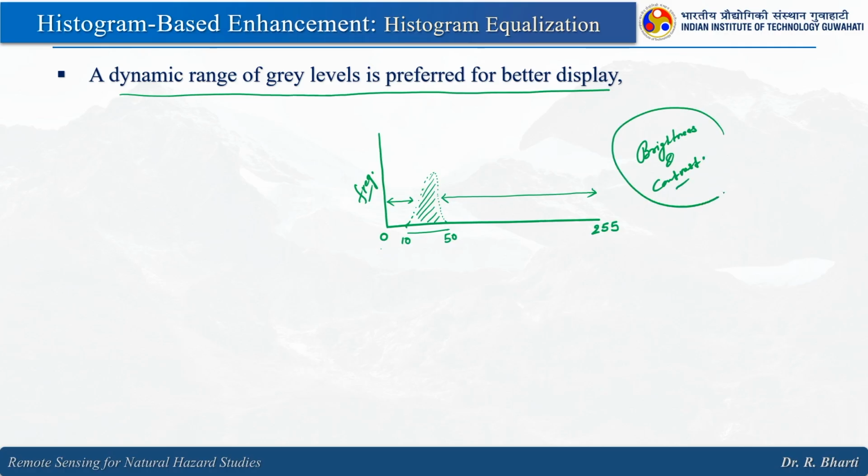When we have this situation, can we use some method to enhance this data so that it occupies the whole range, right. Then we can say this data is occupying the full range which is available, and then your image will be better, right. That is why a dynamic range of gray levels is preferred for image display.